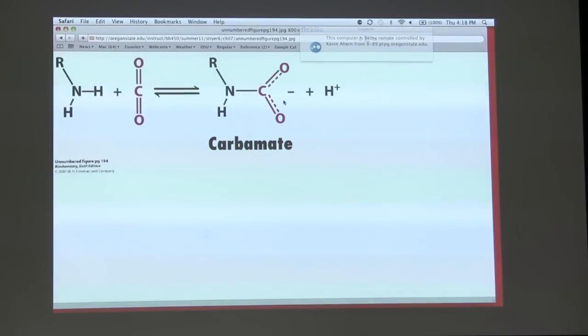Okay. Now, what do I want to say there? There's something else I wanted to say about that. When we get to the lungs, this process will get reversed. Carbon dioxide will get released from here. We go back to our original state with our hemoglobin. And this happens partly in our lungs because oxygen is present in very high concentrations.